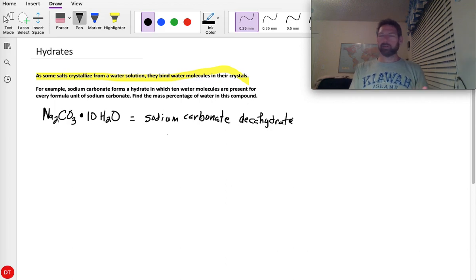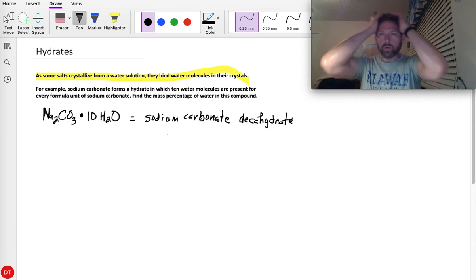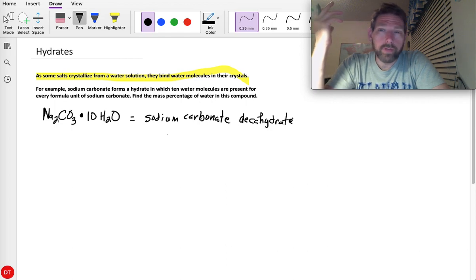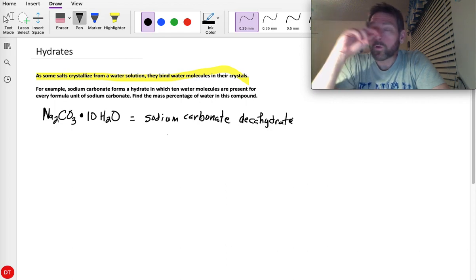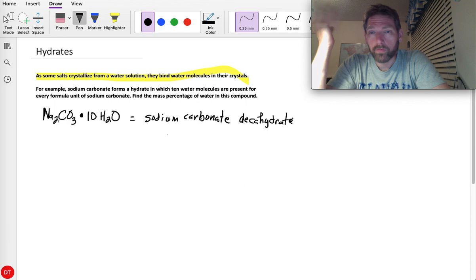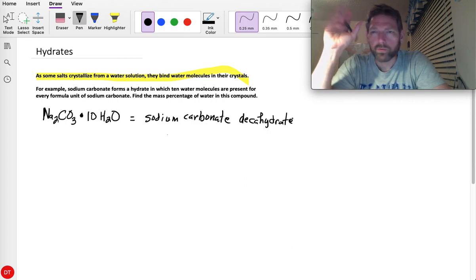And you're typically going to be dealing with ionic substances, the ones that we're going to be working with. Usually, you're going to have an integer that's 10 or less. But there are hydrates where it's greater than 10. When we get to that, we just look at the prefixes that we need for those, and I'll give you those in class, or in a video at some other date.